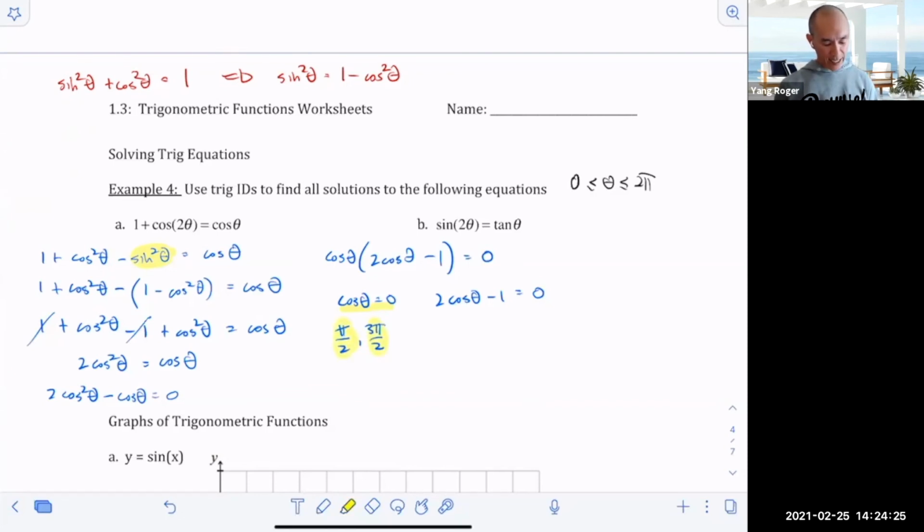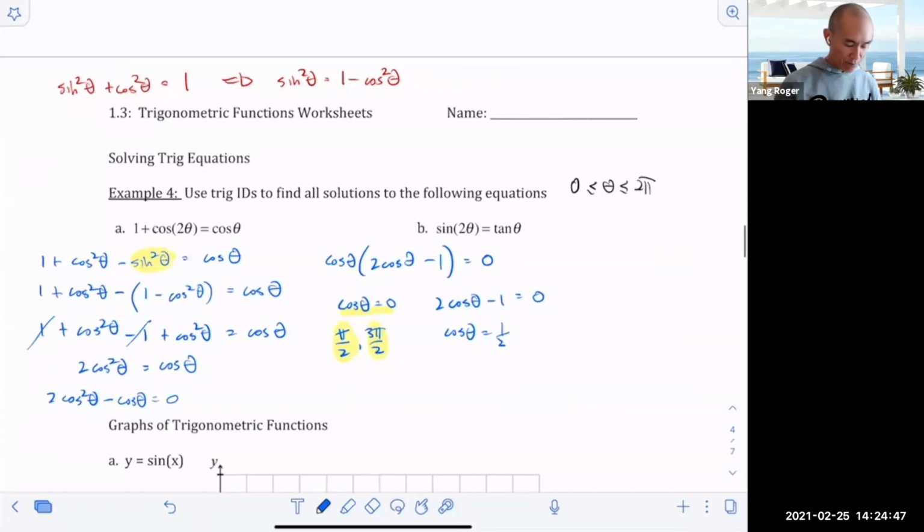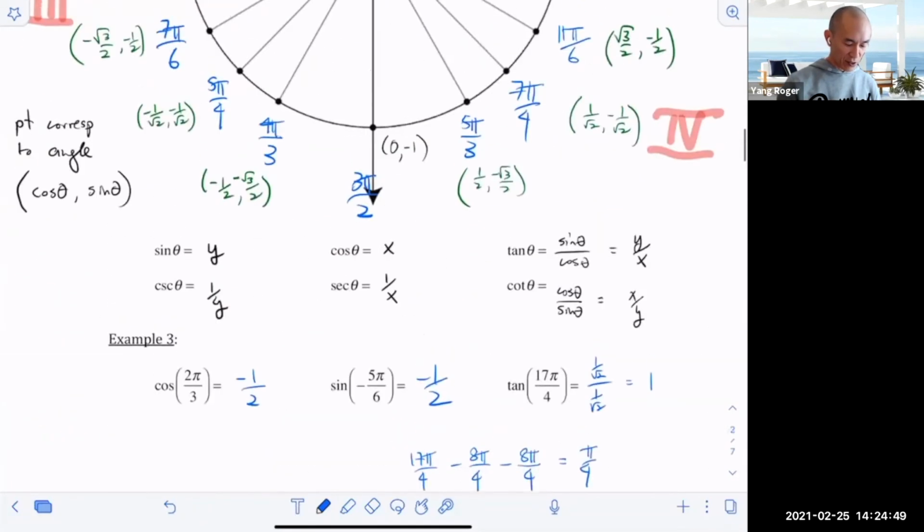What about for the second guy? For the second one, I'm saying cosine of theta is equal to 1/2, right? The way I do it is I try to visualize the x value being 1/2 in my head. Now, you don't have to visualize it because you have the unit circle right here.